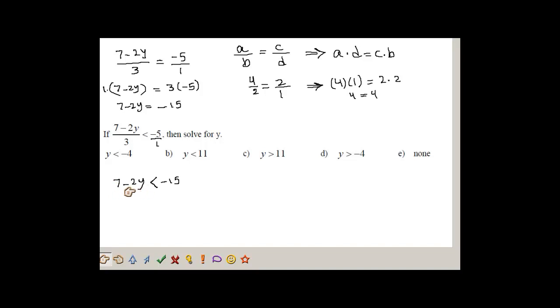I think, my guess is, just as if it was a regular equation, you would subtract 7 from both sides. Very good. You subtract 7 from both sides of the inequality in this case. So let's do that. Okay, Victor, what do I get on the left-hand side in this inequality?